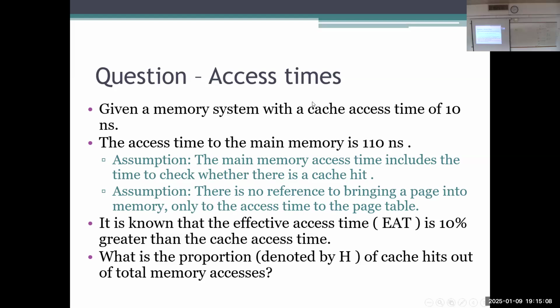As a cache hit combined with the memory read, because we're ignoring the actual memory read. This is just the cache. It's the effective access rate to the page table, not the effective access rate to the actual memory that I'm interested in. The memory is something else.